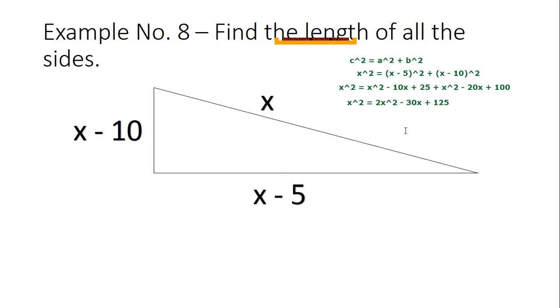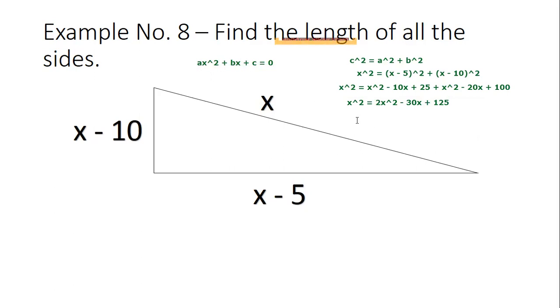In order for us to make our quadratic equation into the general form ax squared plus bx plus c equal to 0, you're going to subtract x squared from both sides of your equation.